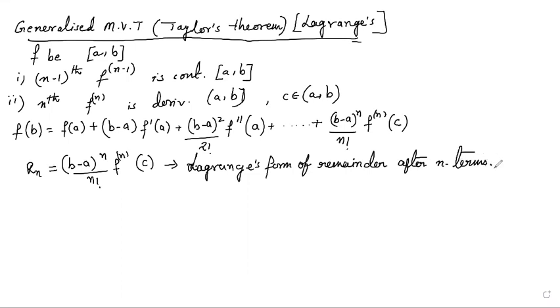Right? Now again, this is the Lagrange's form of remainder after n terms when we are considering the interval [a, b].